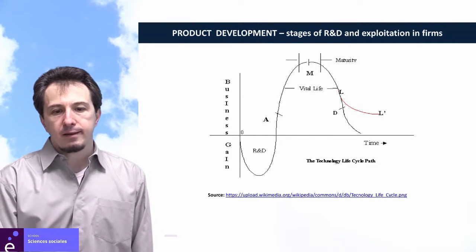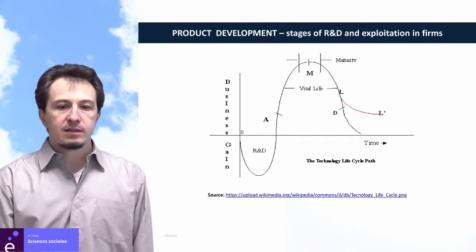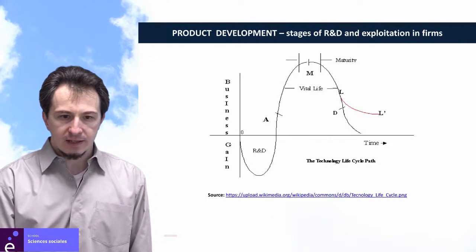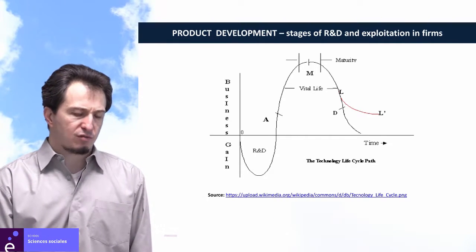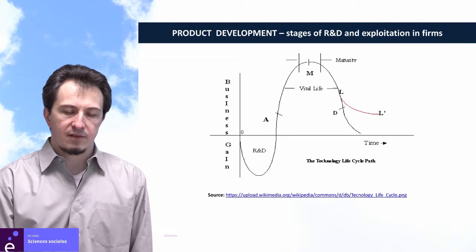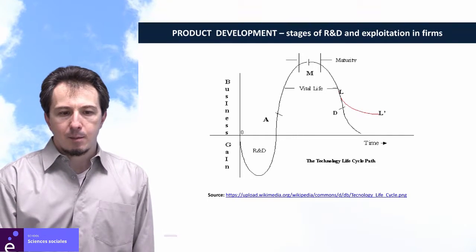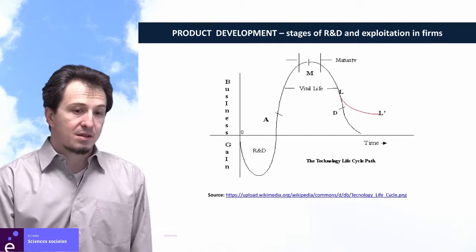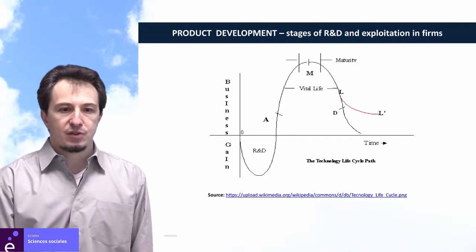Now, this product might disappear completely in time or might be recycled, and depending on that, you'll see the trajectory having some variations. But the point is, R&D is in the minus with money, then exploitation is in the plus, of course.